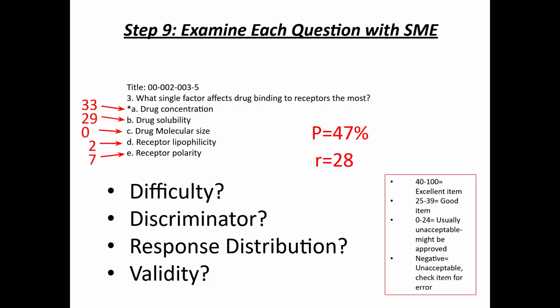And having taught this, obviously A is the answer, but I could also see a "yeah, but" in that I really stress drug solubility. Is the drug water soluble or lipid soluble? And when I talk about that, I'm not talking so much about receptors on cell surfaces in the intestines for absorption.